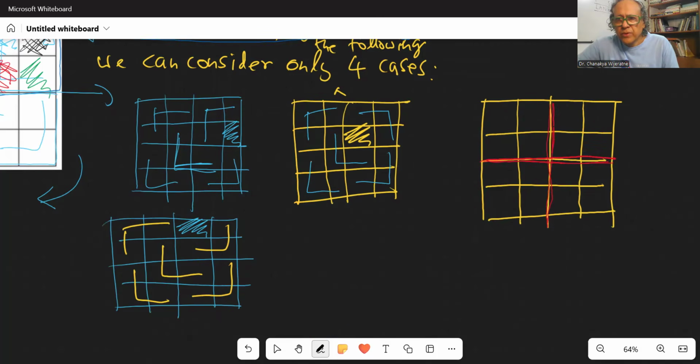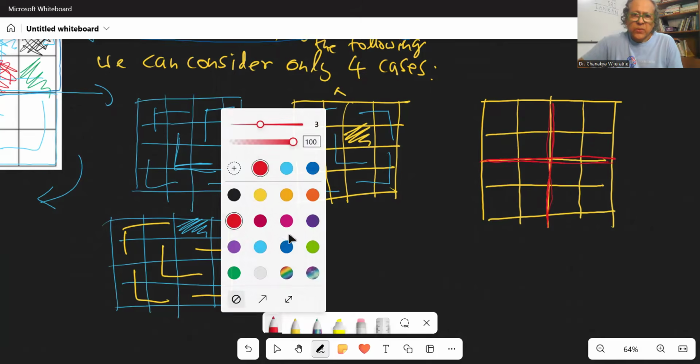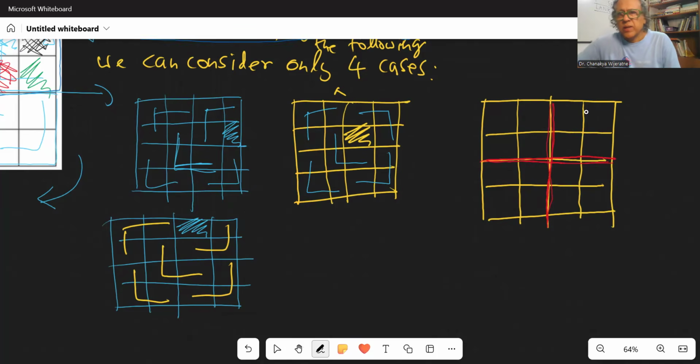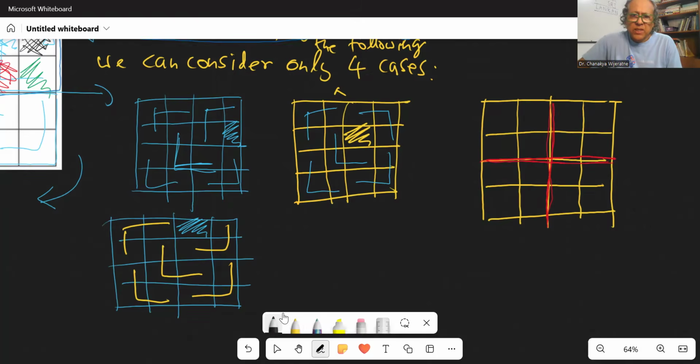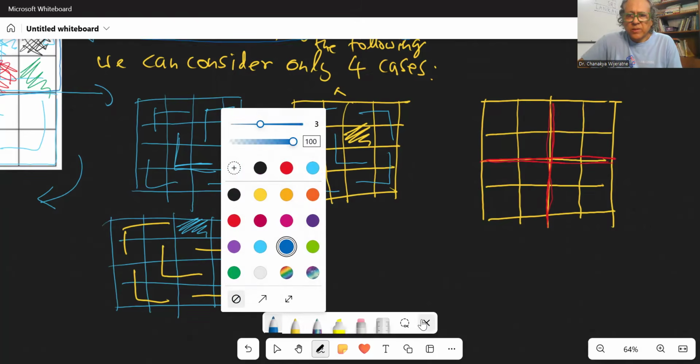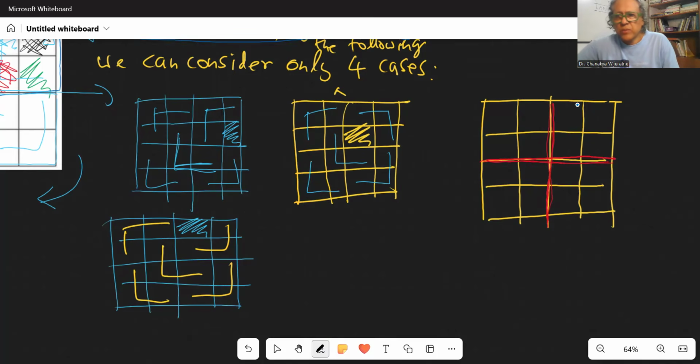So now I have 4 2x2 boards, right? And of course, we're going to remove one square here, in this quarter, that can't be seen. So let's use blue color. So we remove this, and now that 2x2 board is deficient.